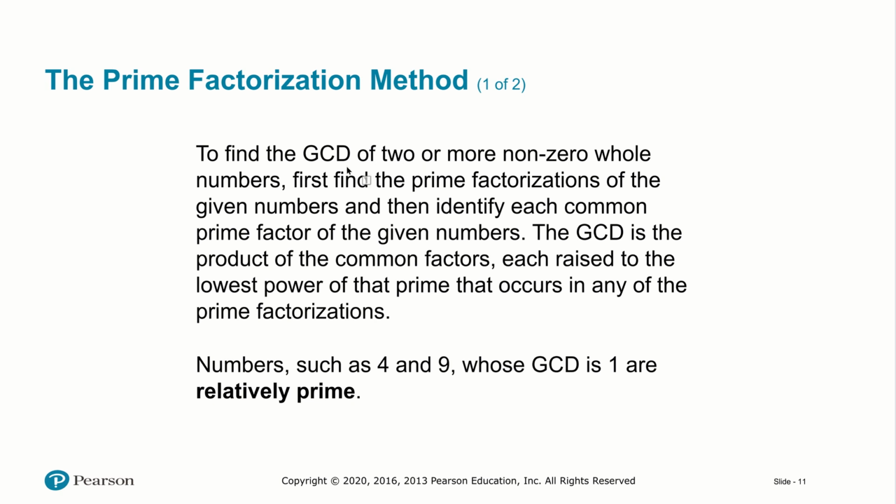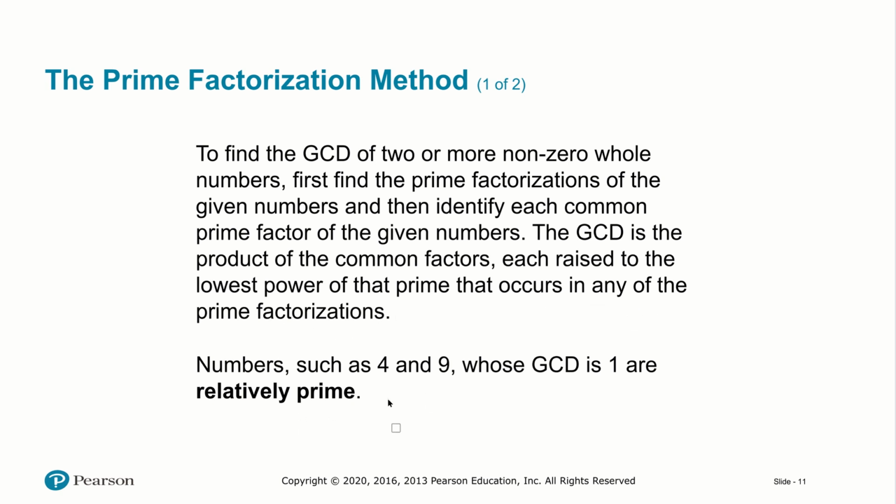To find the greatest common divisor of two or more non-zero whole numbers, basically what we do is we find the prime factorization of each of them, and once we have the prime factorization of both, we identify which factors are in common, and then the GCD is just going to be the product of the common factors, each of them raised to the lowest power of that prime that occurs in any of the prime factorizations.